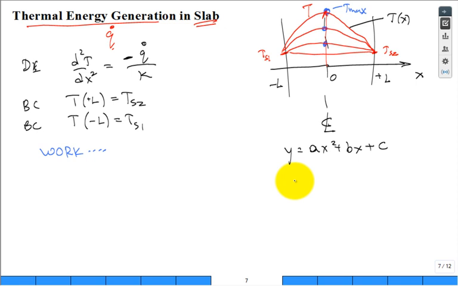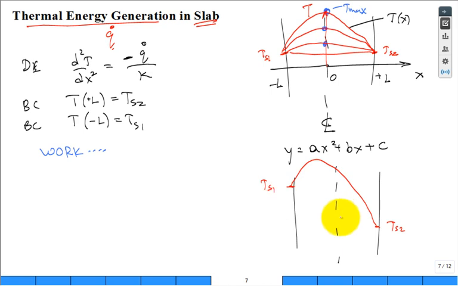Let's say I plot a new one, and this time TS1 is very high compared to TS2. Here's my center line. What does the profile look like when I have heat generation? It'll be something like this, right?